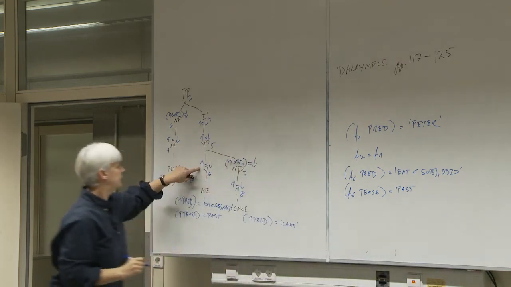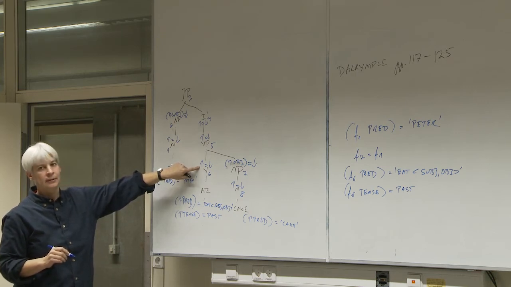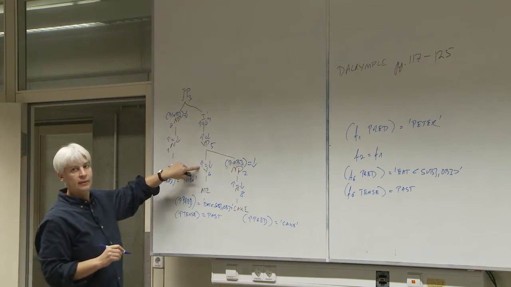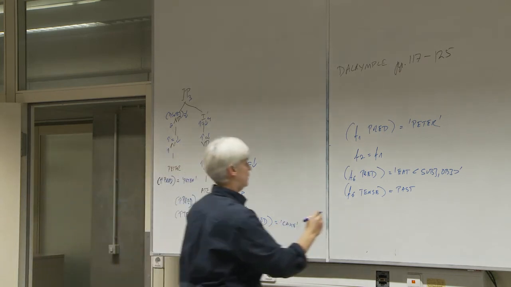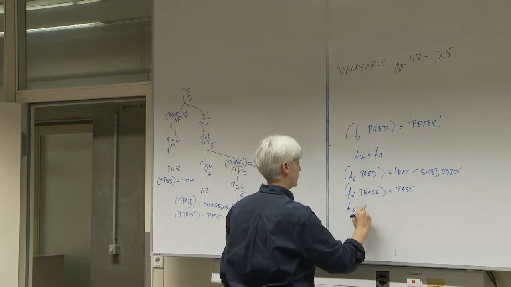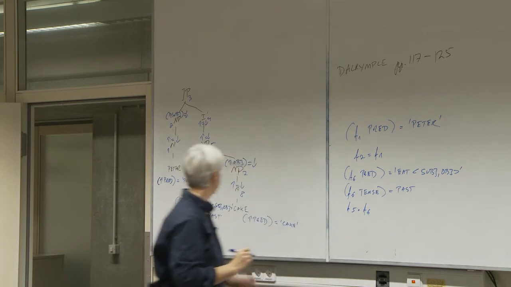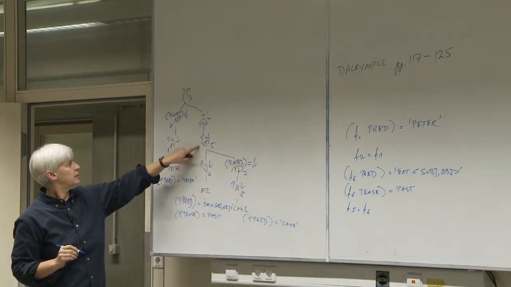What about this one? How do we interpret those? F5 is equal to F6. Doesn't matter, but I'll write it that way. What's here?